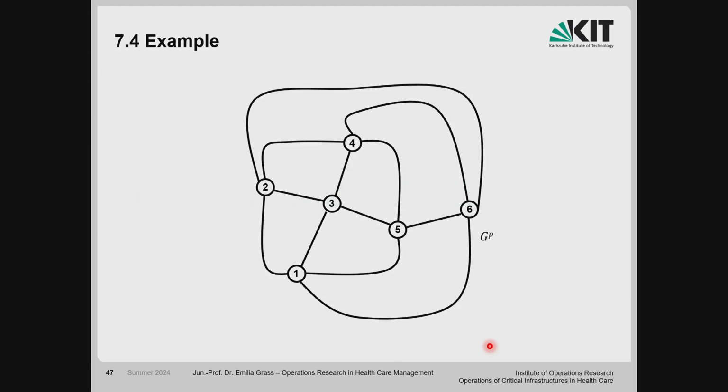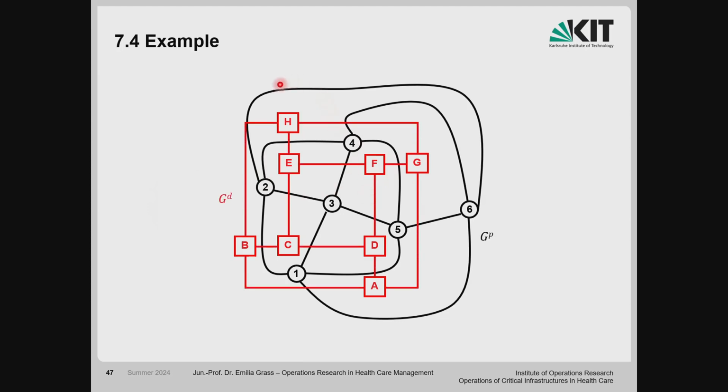And here's an example. So you have this planar graph, the original one, again with 6 nodes. And then what we can do, this is what I tried to write here, is that within each facet you have one node in the dual. So the red ones are the dual ones.